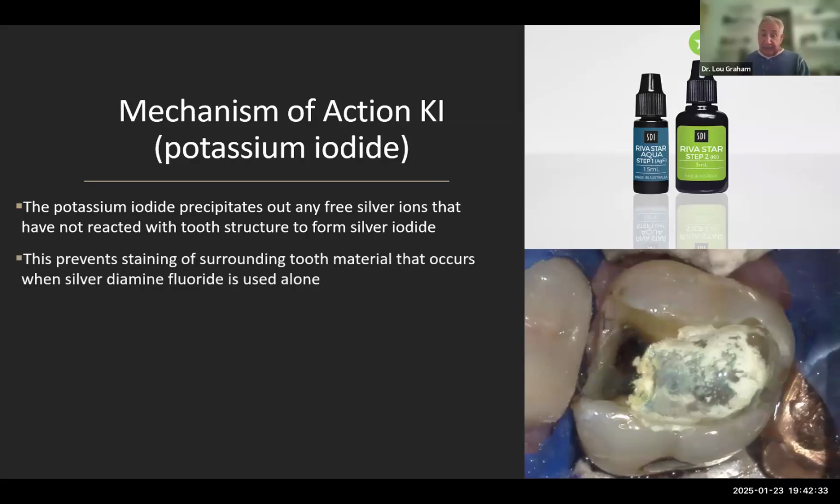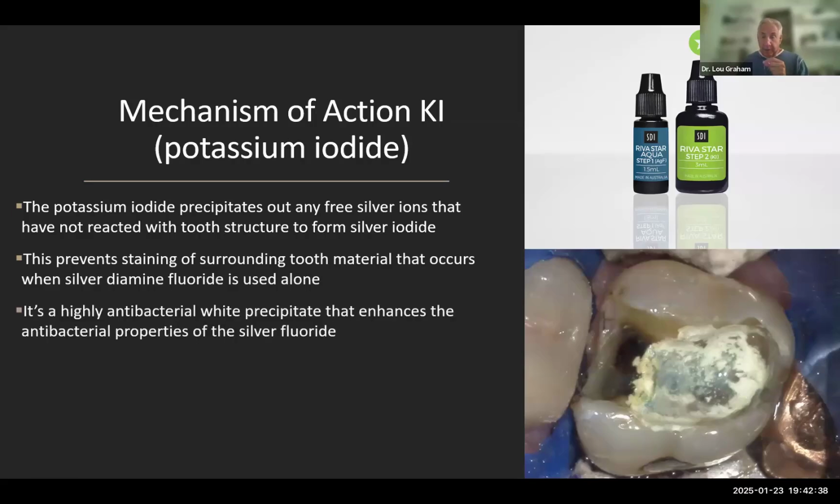This prevents the staining of the surrounding tooth and materials. It's also a very highly antibacterial precipitate, and I'm going to show you a really interesting study about this. You have antibacterial properties of the silver fluoride, and you have antibacterial properties of the potassium iodide.